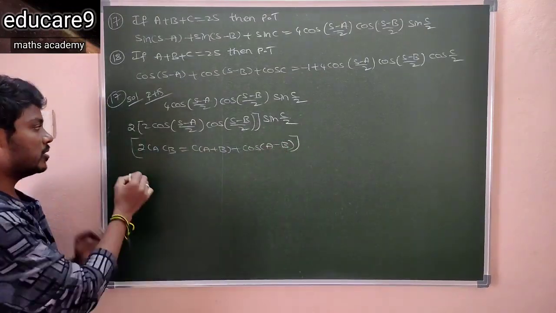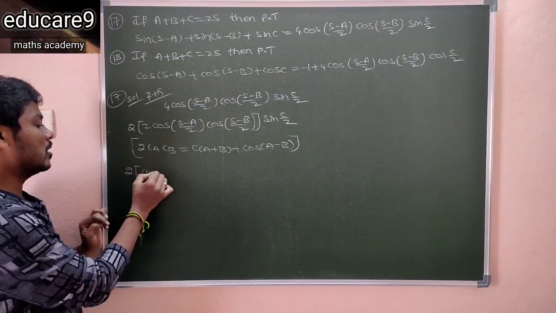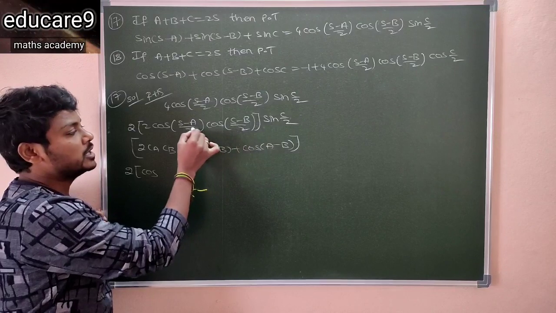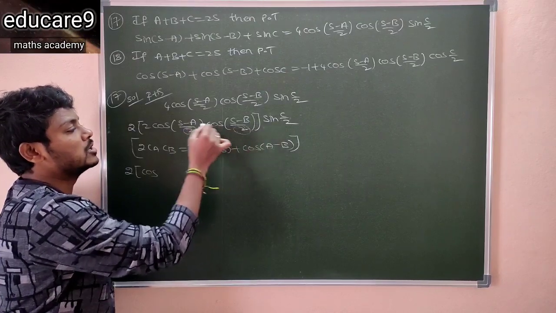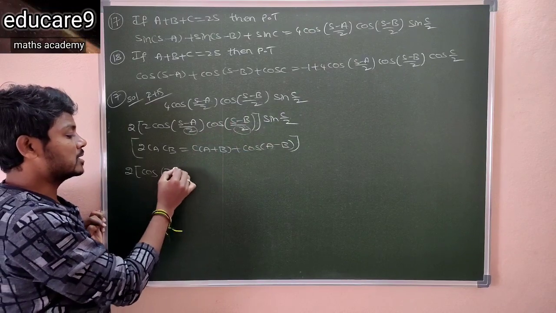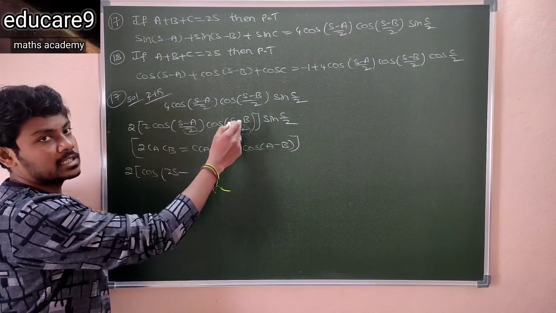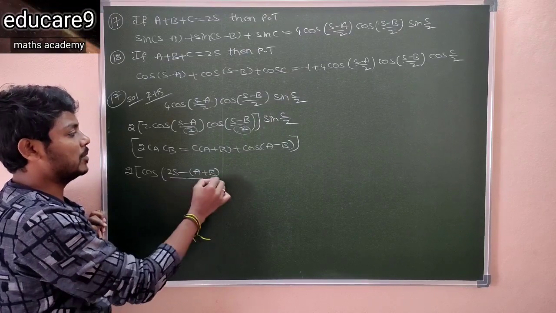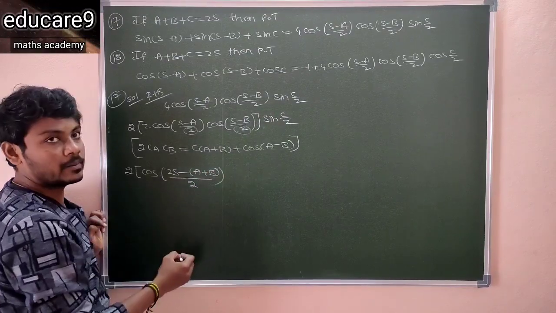So what you get? 2 into cos of A plus B. Here we have to add these two. Here denominators are equal, so you have to add the numerators. S plus S, 2S. Here minus A minus B. So minus is common. You will get minus of A plus B by 2.